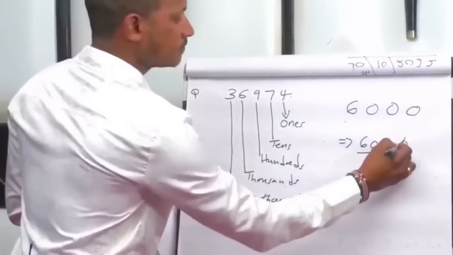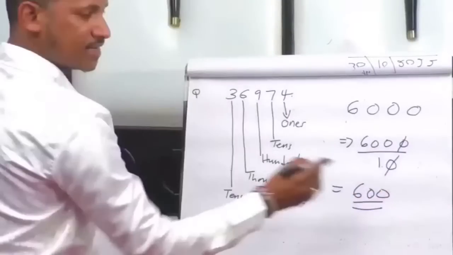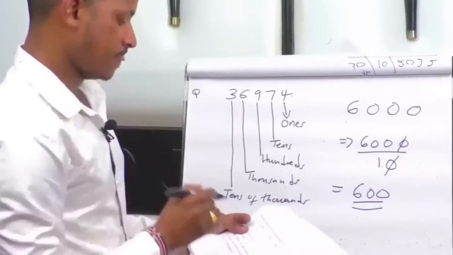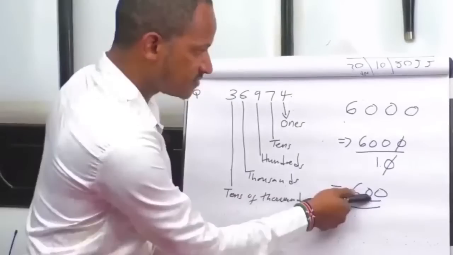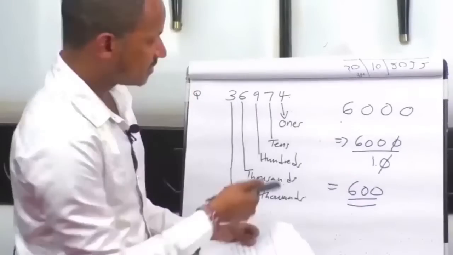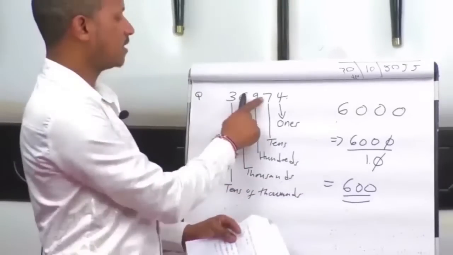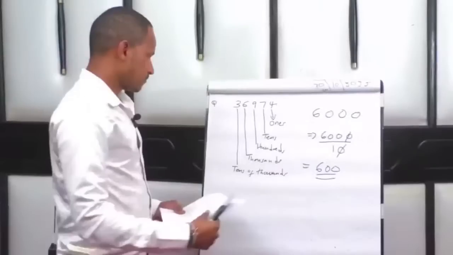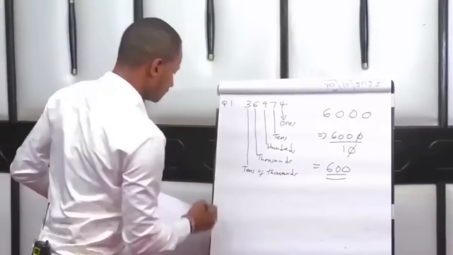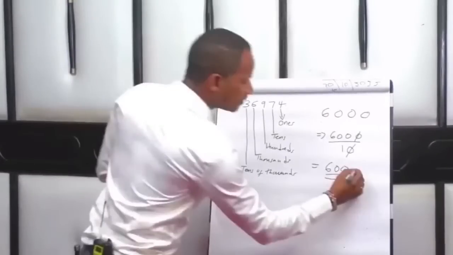So you get 600. So 600 groups of 10 represent the value of 6 in the digit of 36,974. So the answer is 600. So that's question 1.